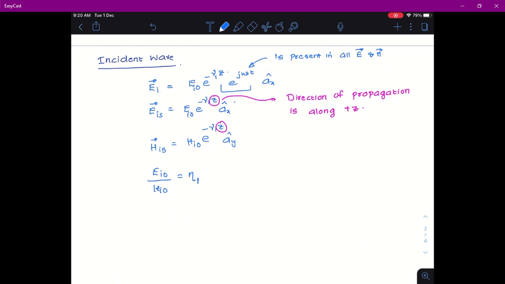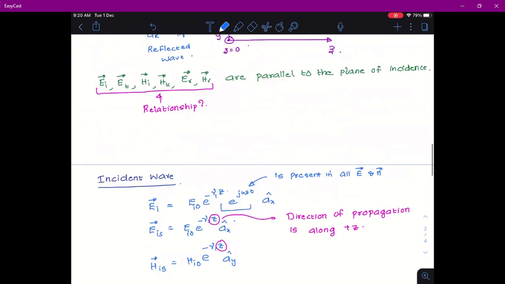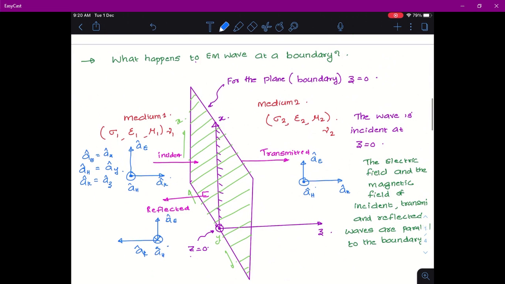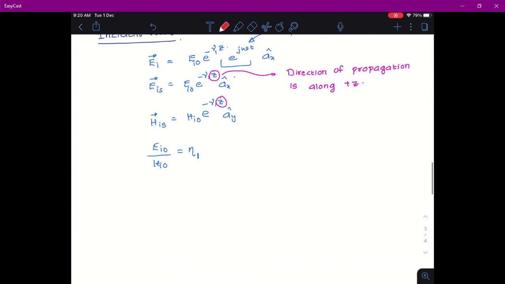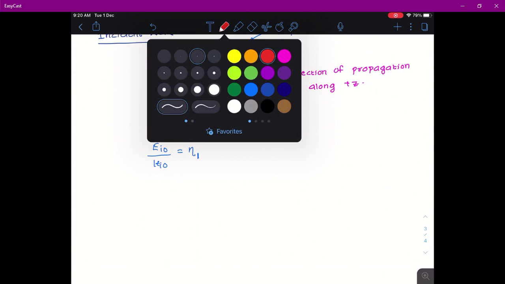In this case we are considering it as eta 1. So this wave has another parameter: in medium 1 it has the intrinsic impedance eta 1, and in medium 2 it has the intrinsic impedance eta 2.